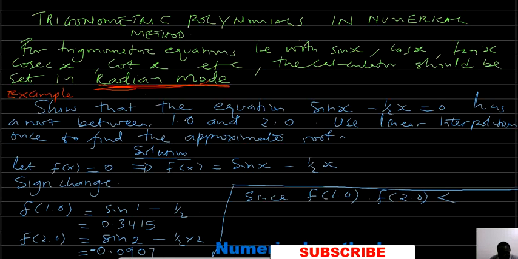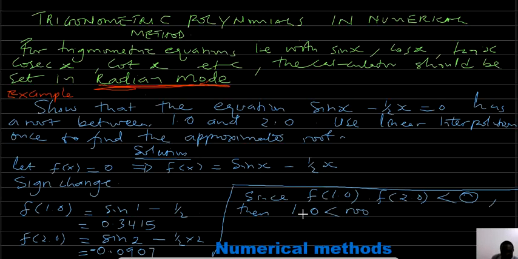Conclude and say, since f of 1.0 times f of 2.0, when you multiply these, you will get a value that is less than 0. It will be a negative value. So since f of 1.0 times f of 2.0 is less than 0, then there is a root that exists between 1.0 and 2.0. So now we know that there is a root existing between 1.0 and 2.0.